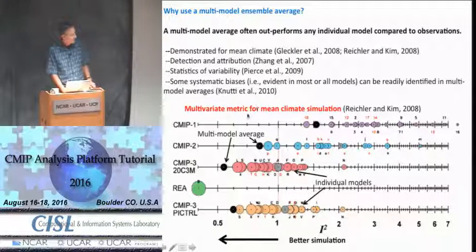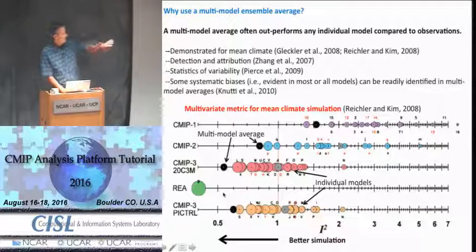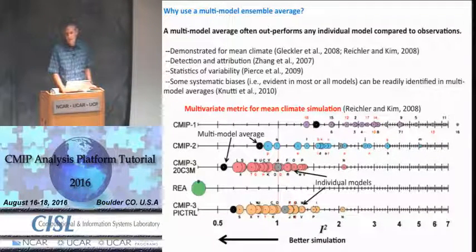This is from the Reichler and Kim paper, and they were comparing various phases of CMIP, just going up to CMIP3. The idea is that the further you are to the left on this plot, the better the simulation is. And this is a multivariate metric they put together, combining, I think, 10 or 11 different things like temperature, precipitation, wind, sea level pressure.